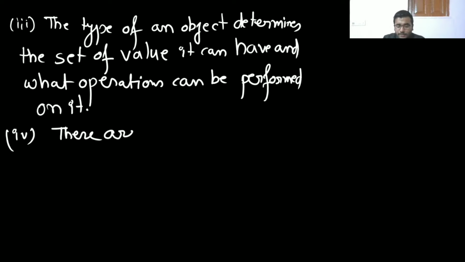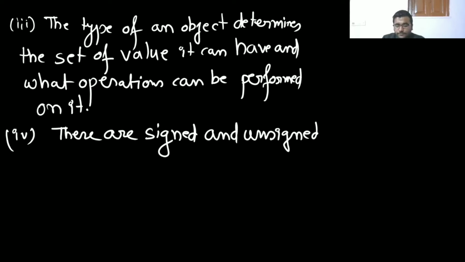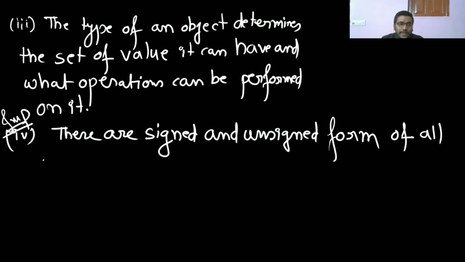There are signed and unsigned forms of all integer types, and notation for unsigned constants and hexadecimal character constants. Hexadecimal is also there. This is important because in the GATE exam they use unsigned, and I will explain why they use unsigned.